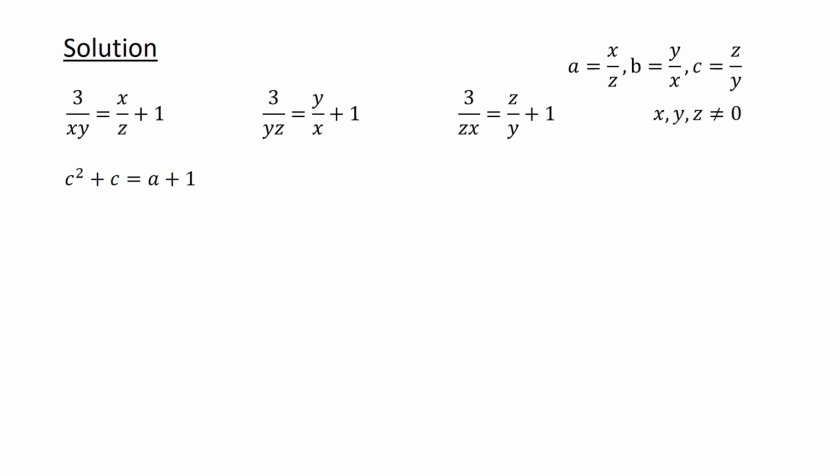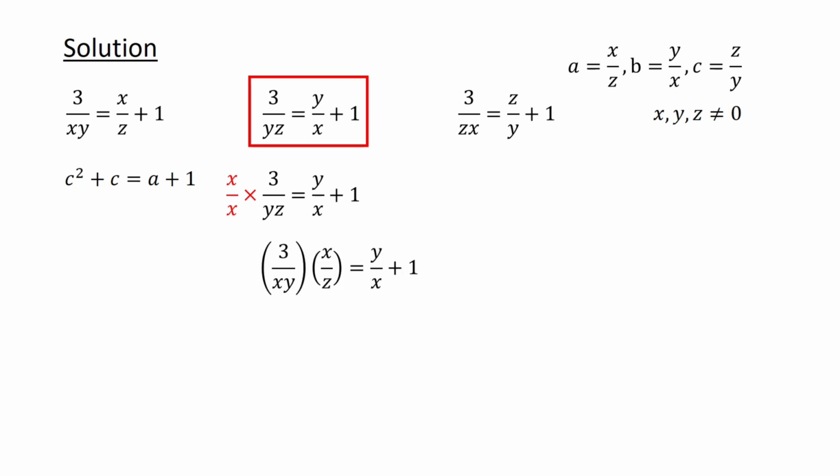For the equation 3 over yz equals y over x plus 1, after multiplying the numerator and denominator of the left hand side by x, we then write the equation as 3 over xy times x over z equals y over x plus 1.